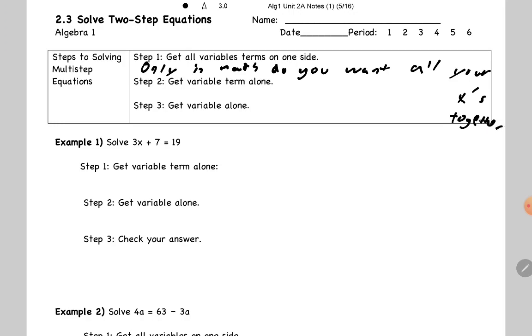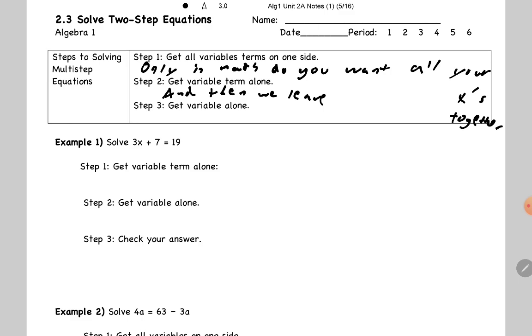Ba-da. Ba. So you get your x's together, you get the variable term alone, and then we leave. Okay, I'm done. I'm sorry.